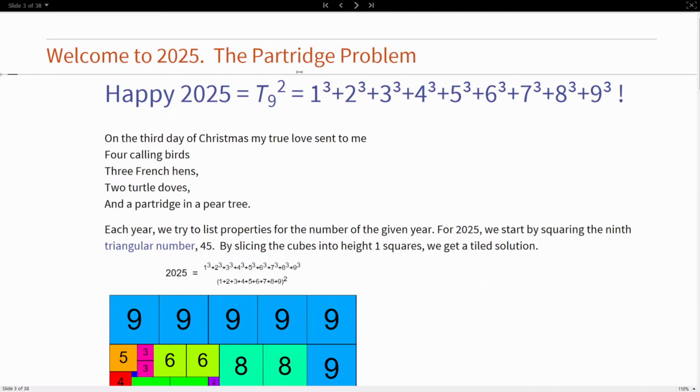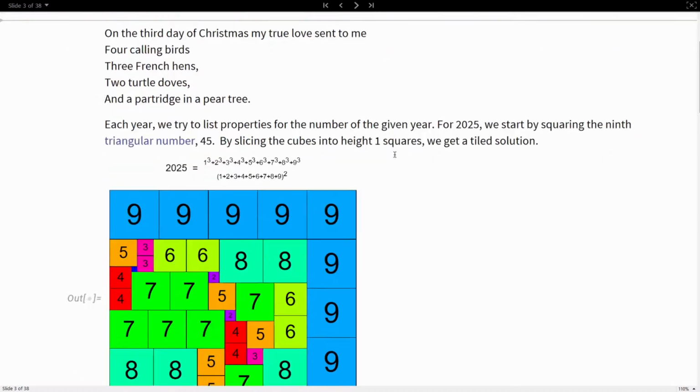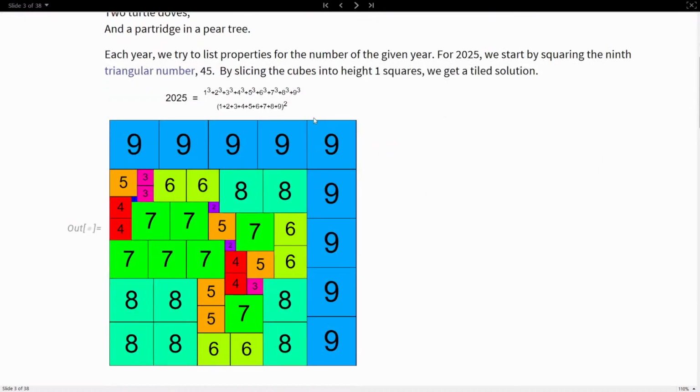And one property of the year is that it's a sum of the cubes of 1 through 9. It's also the triangular number 45 squared. So this leads to something called the partridge problem.